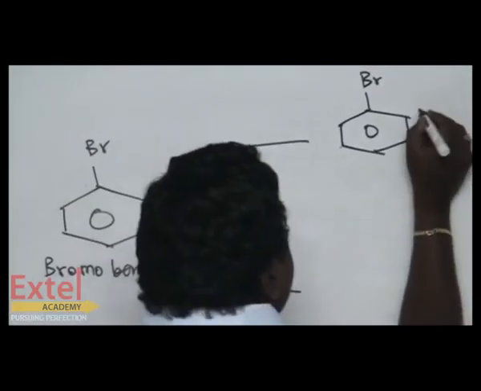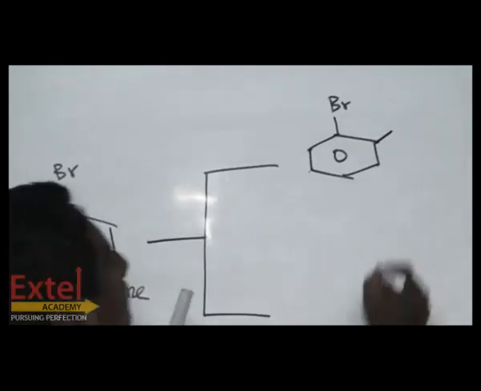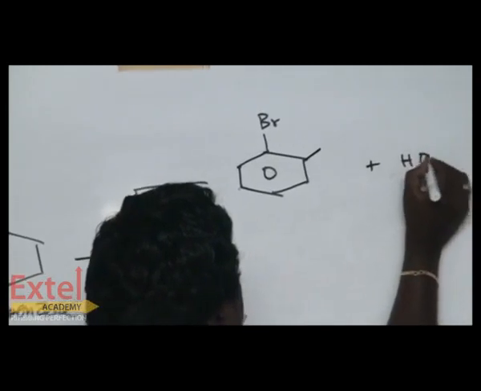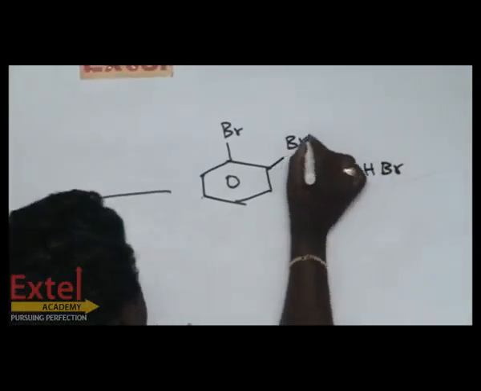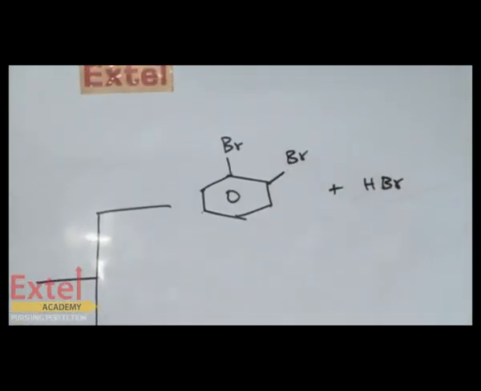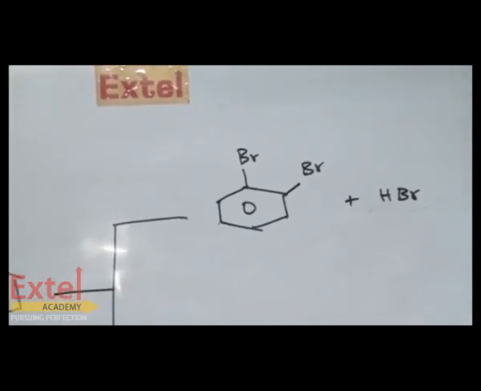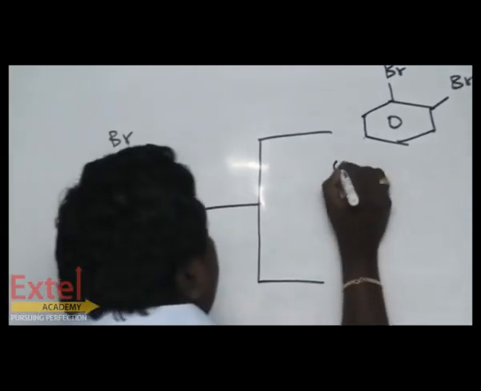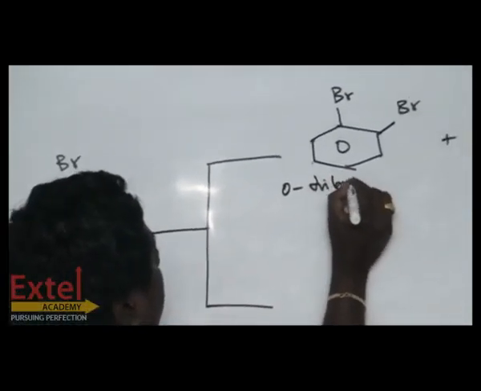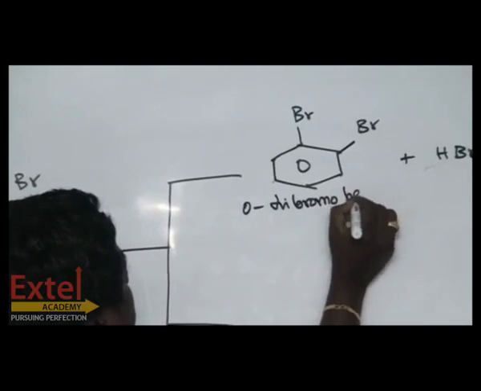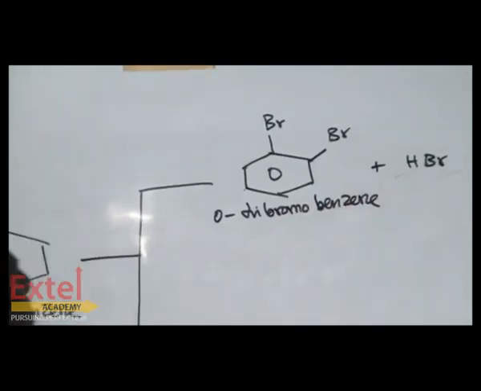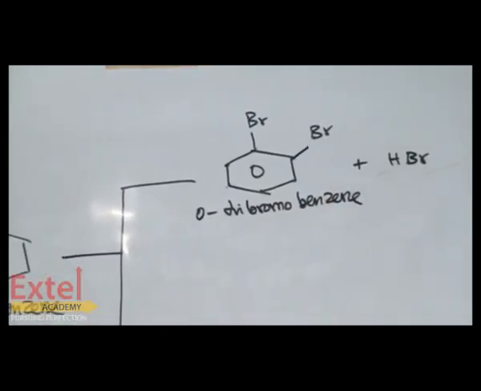Suppose one hydrogen from this corner is taken out and it combines with one Br attacking here. This is the reactant and this is the product. It is called ortho-dibromobenzene.